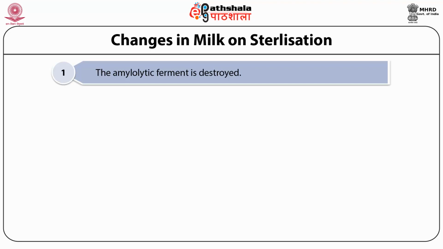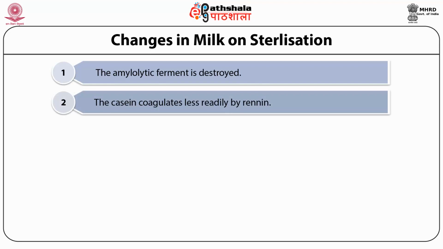The second change is that the casein of milk coagulates less readily by renin, which is a concern for making fermented milk products. Therefore, sterilization is not employed for products like yogurt making, cream making, cheese making, and ice cream making.